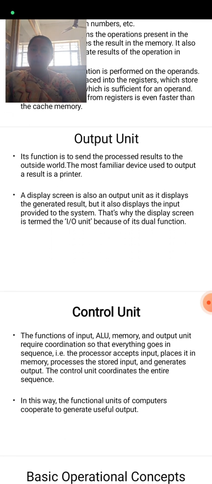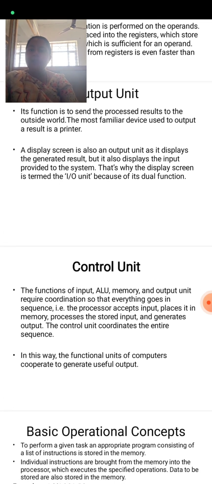Next one, output unit. Its function is to send the processed result to the outside world. The most familiar device used to output a result is a printer. A display screen is also an output unit as it displays the generated result.